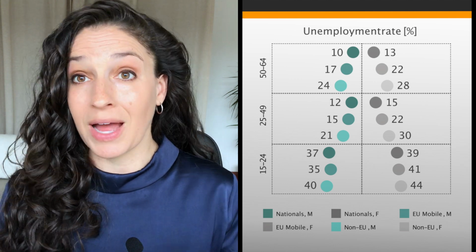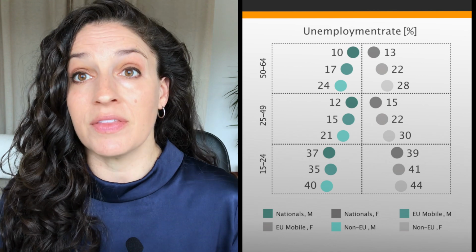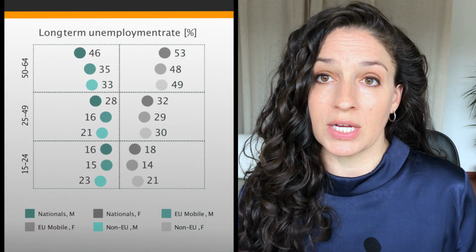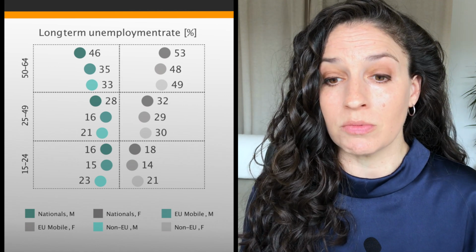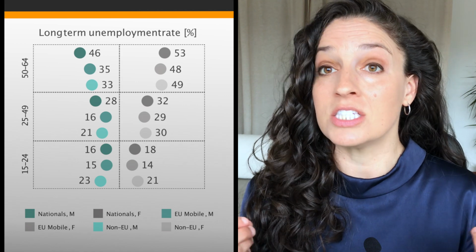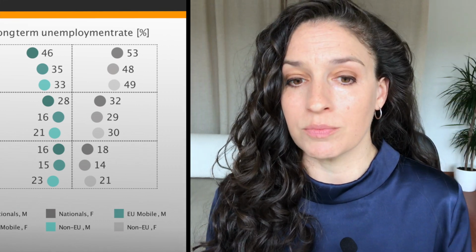So immigrants from outside of the EU do have higher unemployment rates than the other groups in the main 25 to 64 age categories. When it comes to long-term unemployment rates, though, here we see a little bit of a change. And when it comes to long-term unemployment, we do see that the natives or the Spanish nationals are more represented in longer-term unemployment.